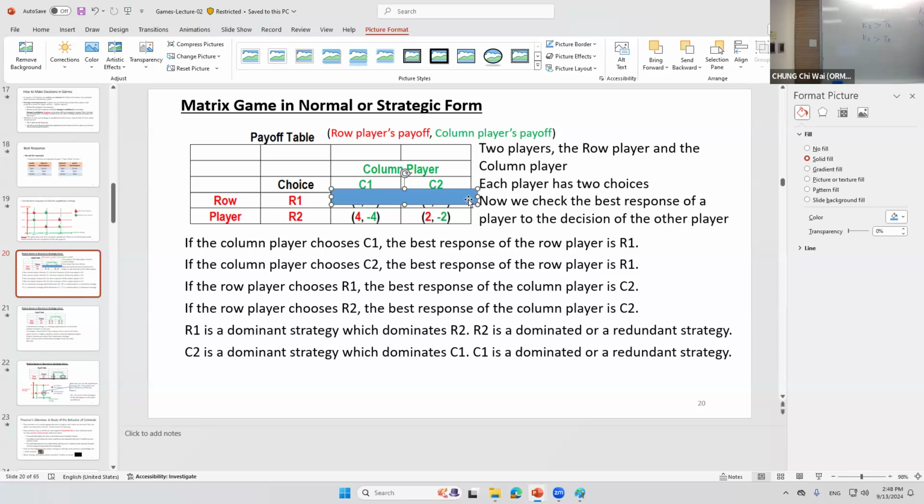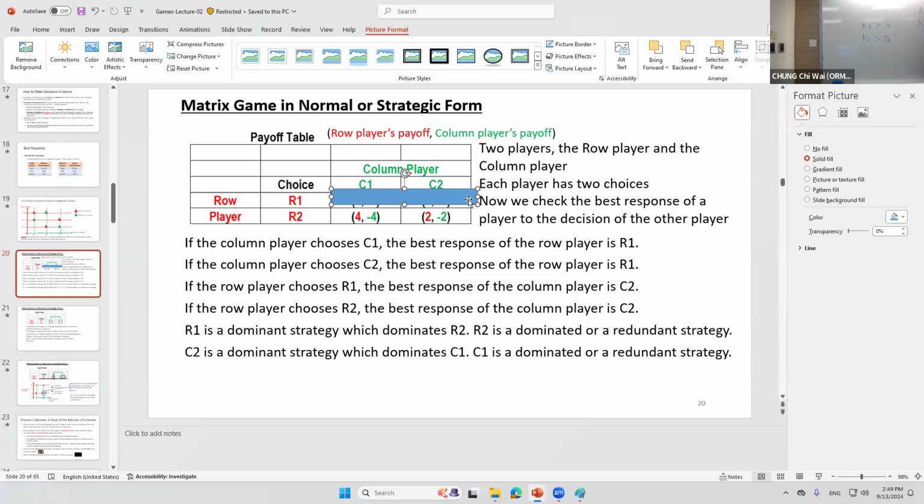So for the column player, again we can conclude that no matter whether the row player chooses R1 or R2, the column player should not choose C1. We consider C1 a dominated strategy of the column player, and C2 dominant.